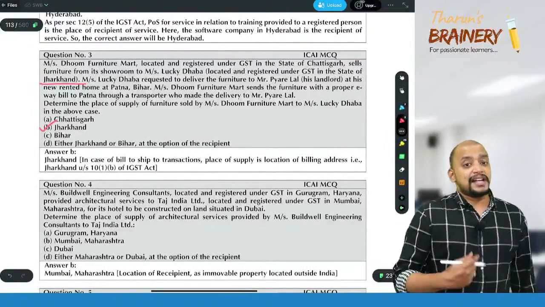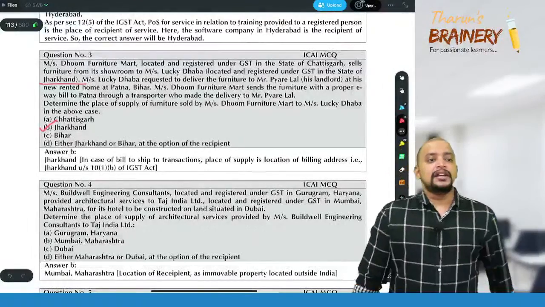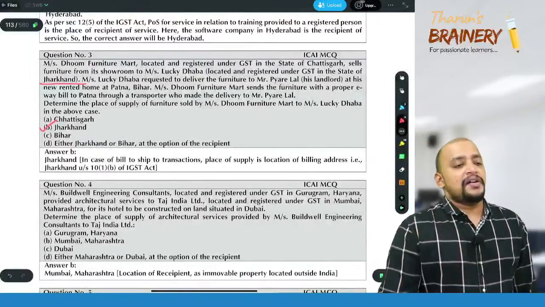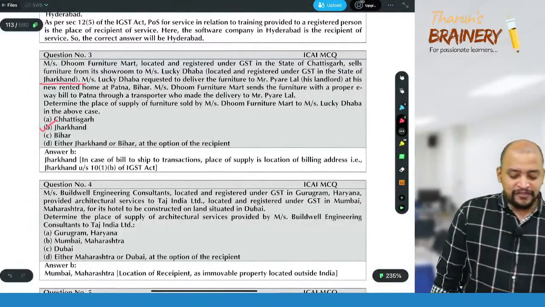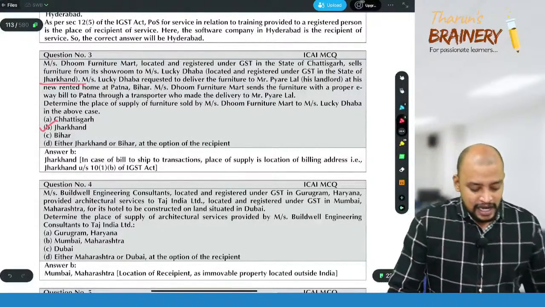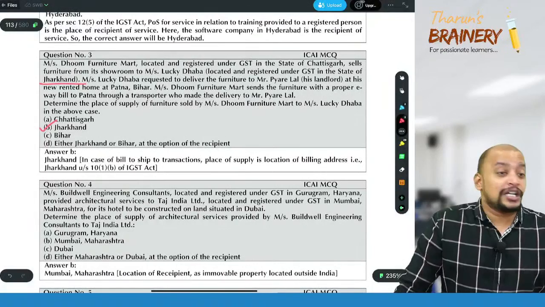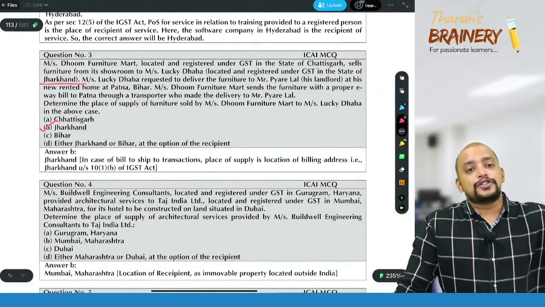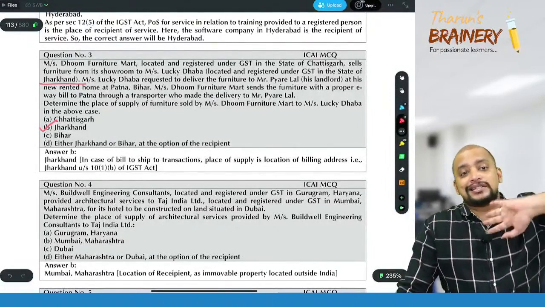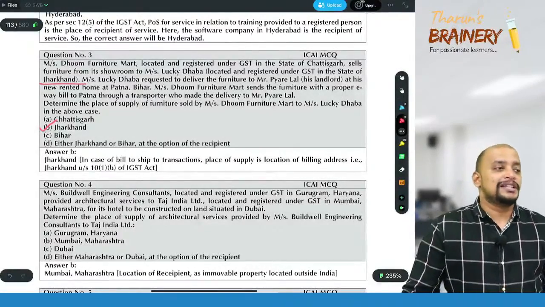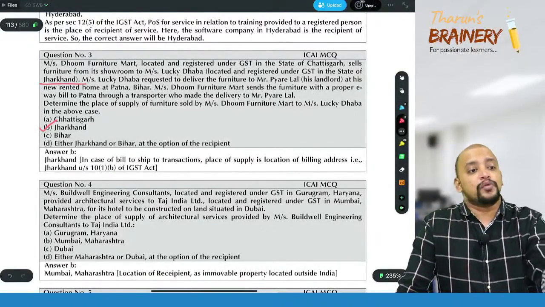Whereas if they have asked the question, same situation, if they have asked, determine the place of supply of furniture sold by Lucky Daba to Pyarelal. Lucky Daba to Pyarelal. So don't apply bill to ship to transaction. So between Lucky Daba and Pyarelal, it's a normal supply. So normal supply 10(1)(a), supply involves movement of goods.